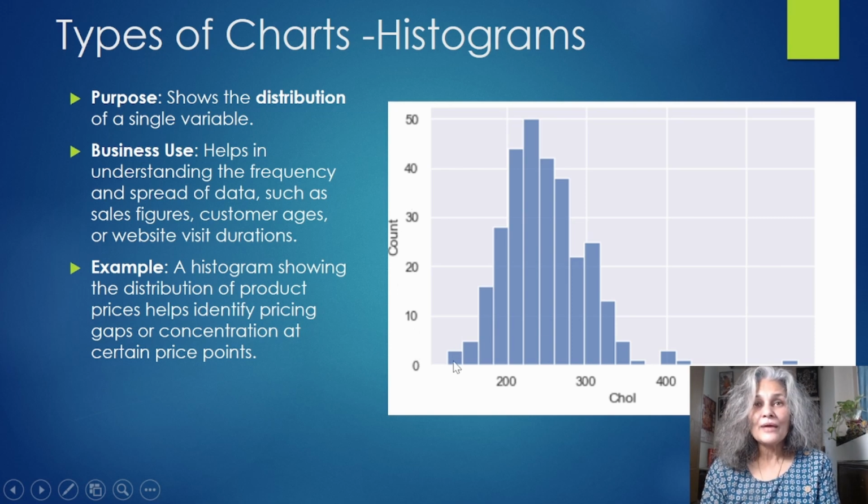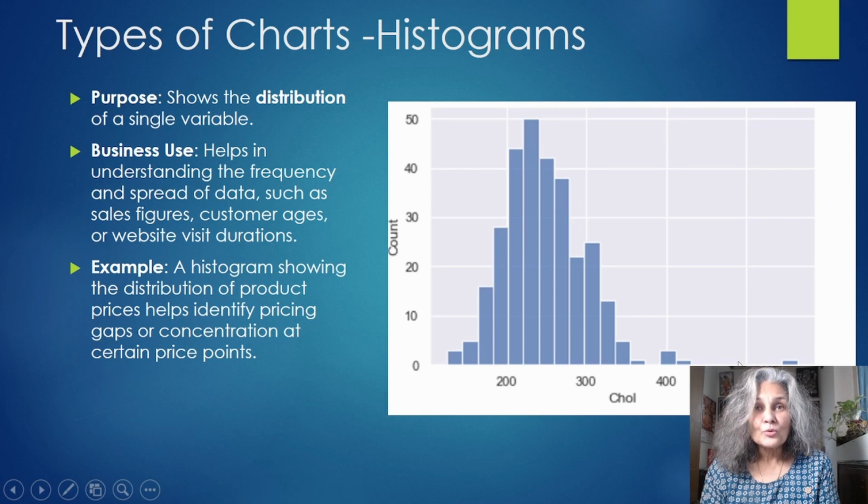What a histogram does is it splits a continuous variable into different buckets or ranges, as you can see over here. So it's 0 to 200, 200 to 300, 300 to 400, 400 to 500.